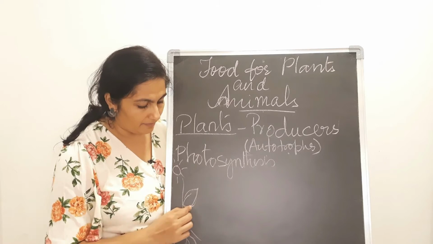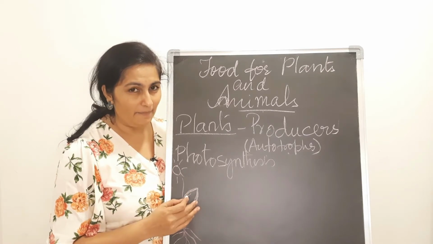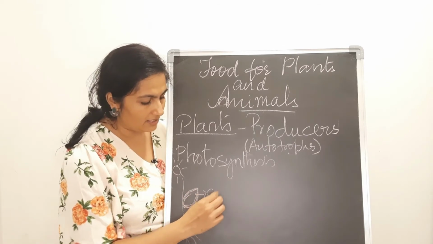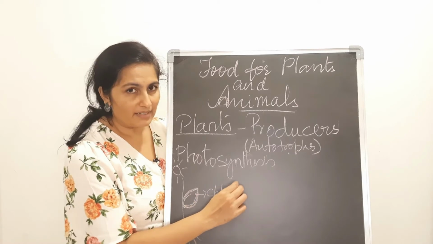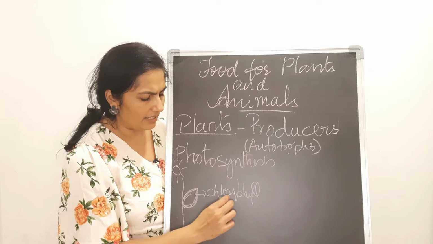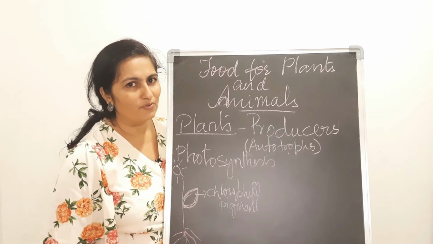Then there's something very special about the color of the leaf, that is green. There is a purpose that it is green, because it has chlorophyll pigment. It has chlorophyll pigment, something that you learnt in the younger classes, but it's always good to review and learn something new from there, right?